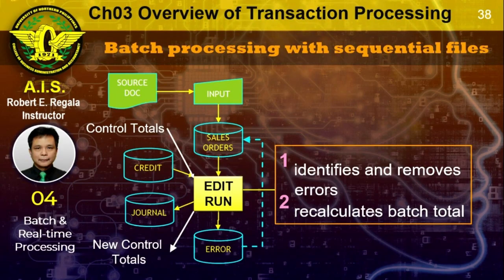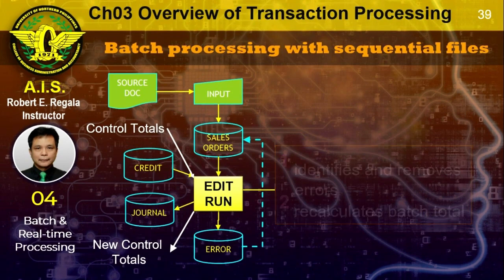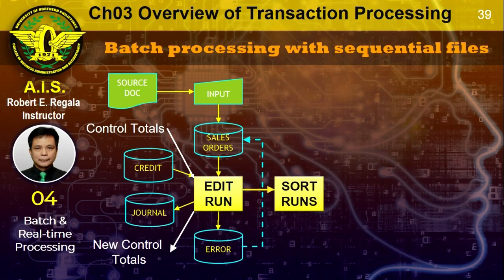The edit program recalculates the batch total to reflect changes due to the removal of error records. The resulting clean transaction file then moves to the next program in the process, which is the sort run.